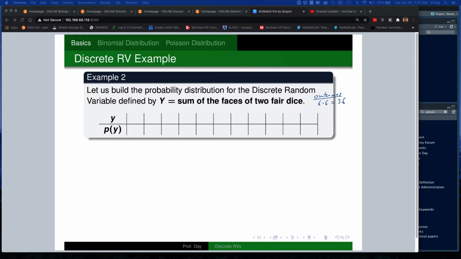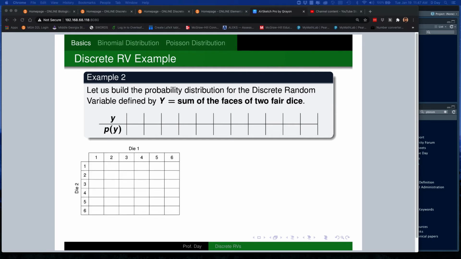All right. That doesn't help us with our table yet, but we'll keep that 36 in mind as we do what we're about to do next. So I made a little table here because it's easier to visualize these things this way. Across the column headers, I have die 1's faces 1 through 6, and down the rows I have die 2's faces 1 through 6 listed.